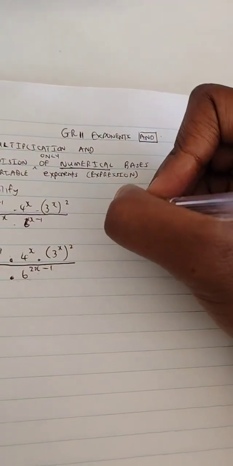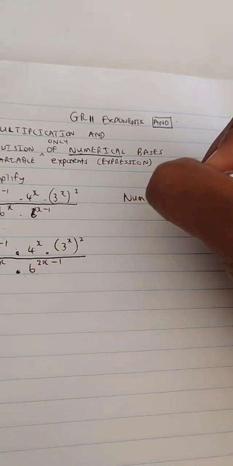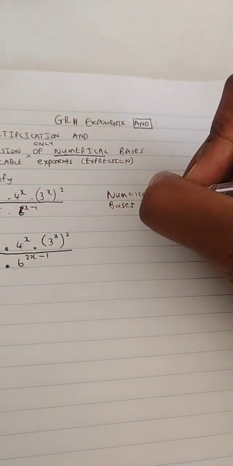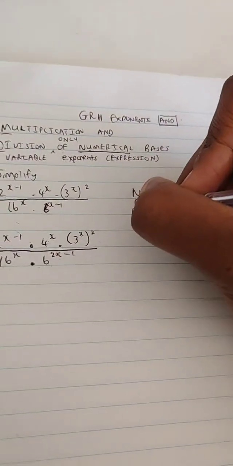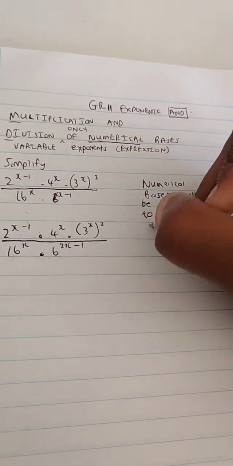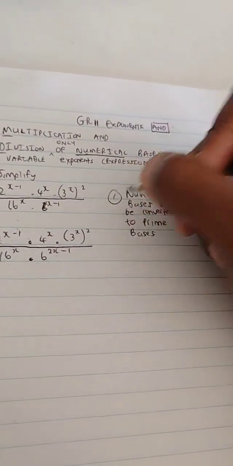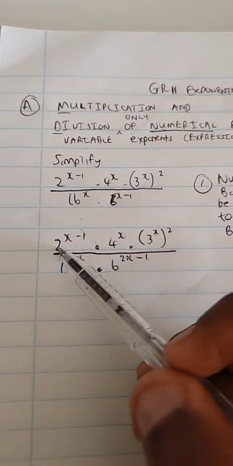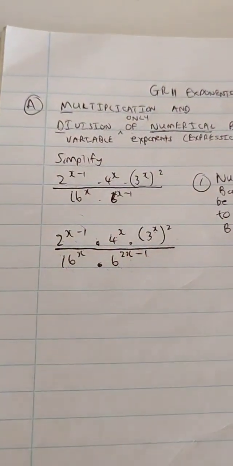So our numerical bases must be converted to prime bases. That's what we need to do. 2 is a prime base.